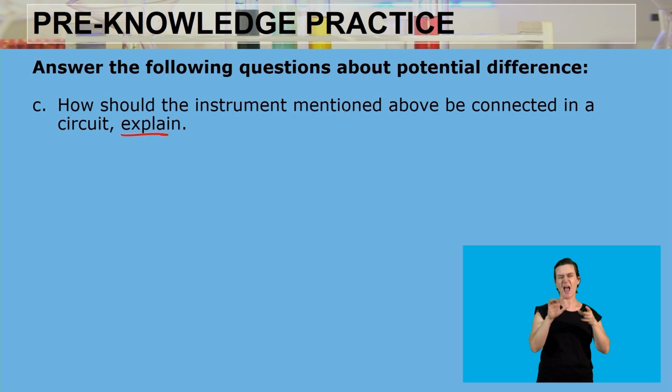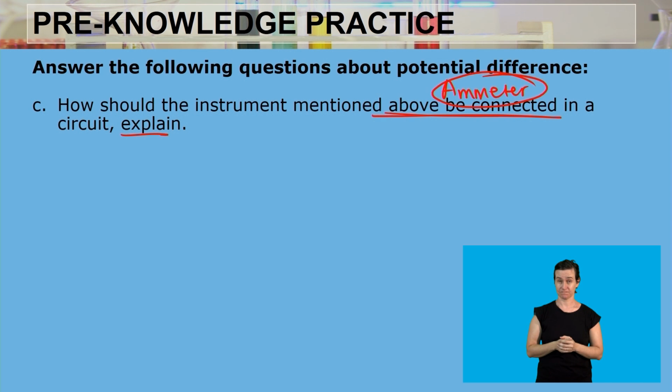The instrument mentioned above is our ammeter. Remember, the ammeter has a low resistance, so it matters how you connect it in a particular circuit diagram. So how should it be connected?